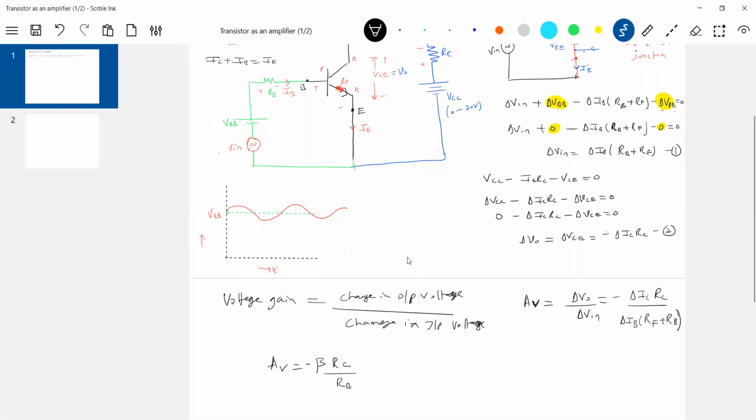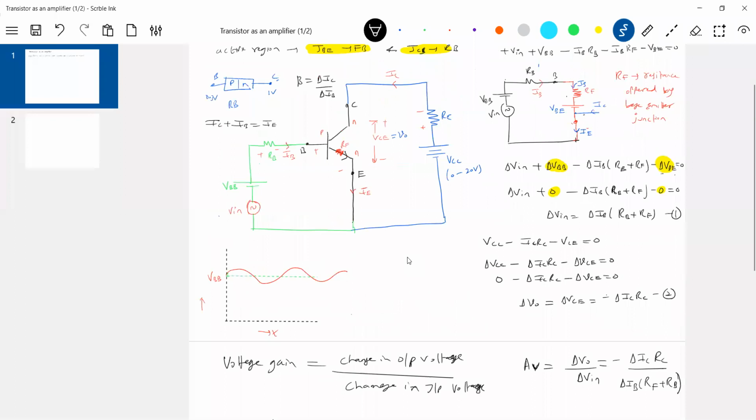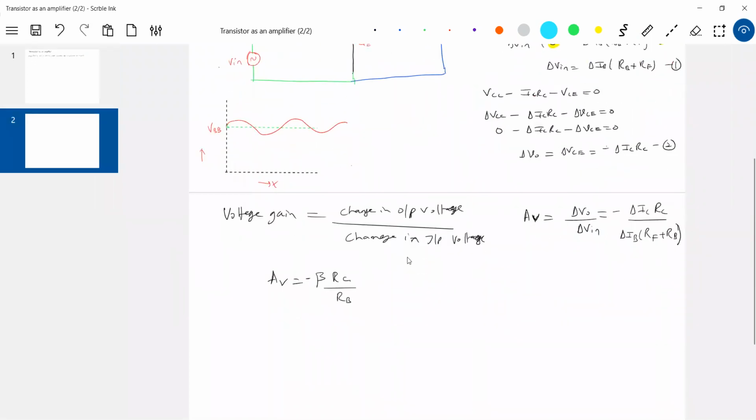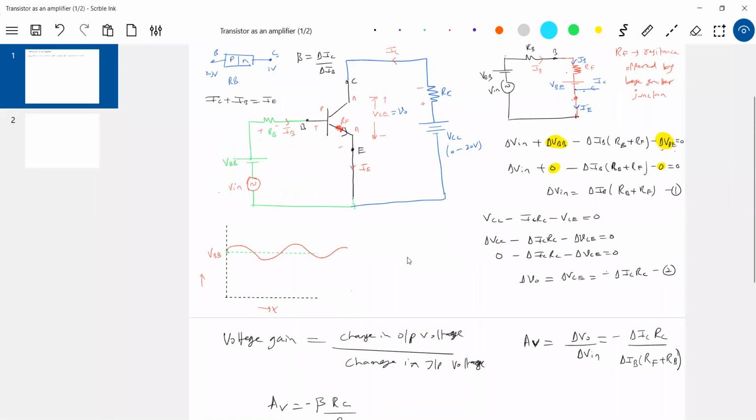Or in the books, they call RC as RL, because next we will connect a load resistance here separately. Then this RC, RL and the output resistance will all become parallel, and RL will be less than RC. RC will be less than the resistance across the collector emitter. So some books directly wrote this as RL, which is justified, and RB they call the input resistance.